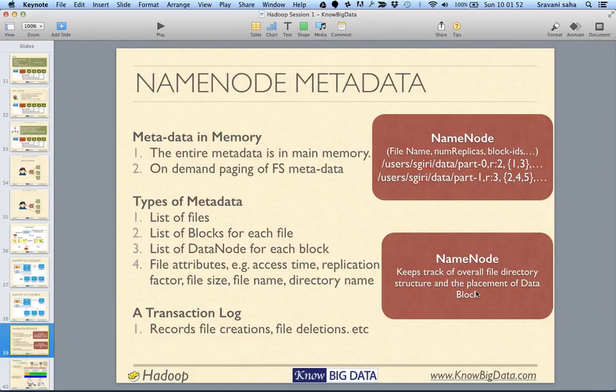Data nodes will take care of the replications also. Name node just informs the two data nodes, hey, can you copy the data from one place to another? And then they will get busy. All right. So, Apu, was I able to answer your question? Not yet. Okay. I'll answer your question about backup immediately.